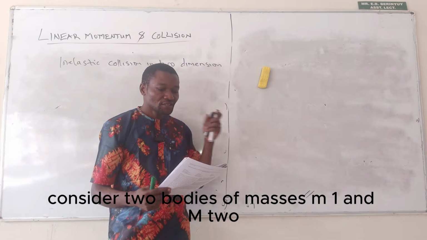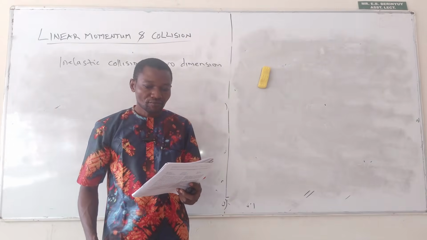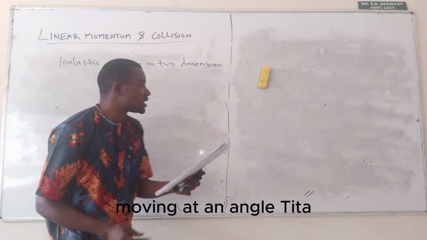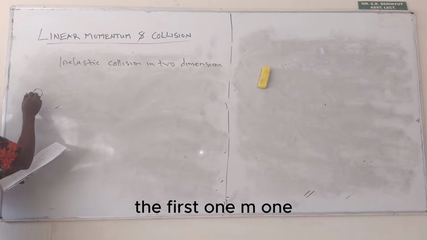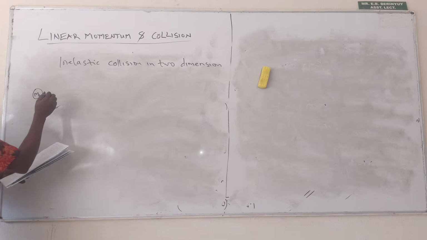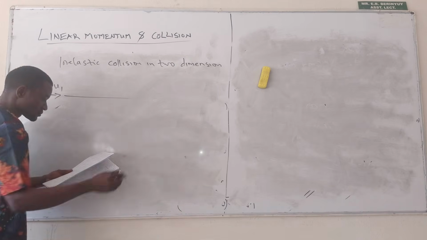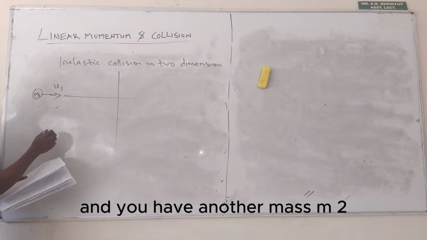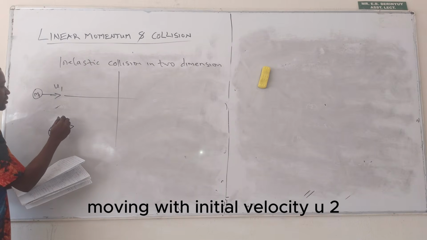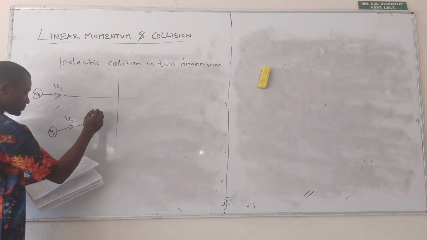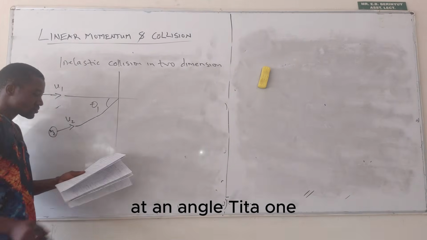Let's look at it. Consider two bodies of masses m1 and m2 moving at an angle theta. We have two masses. The first one, m1, moving with initial velocity u1, and you have another mass, m2, moving with initial velocity u2 at an angle theta 1.